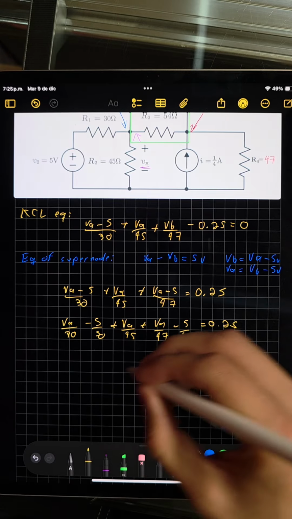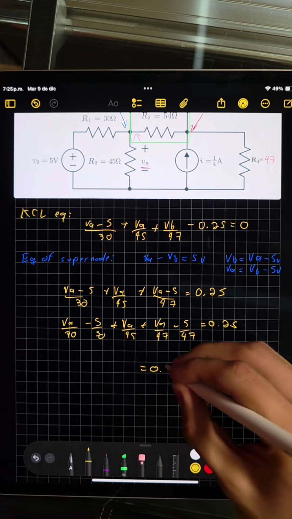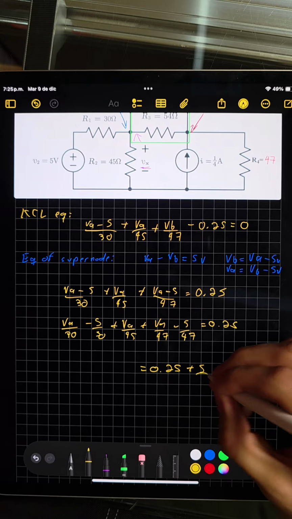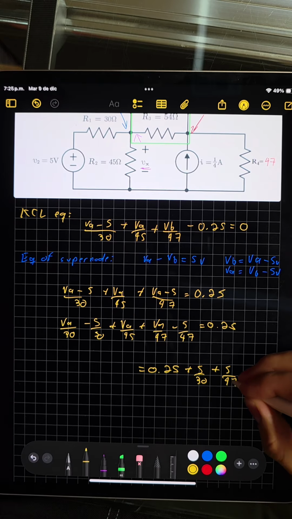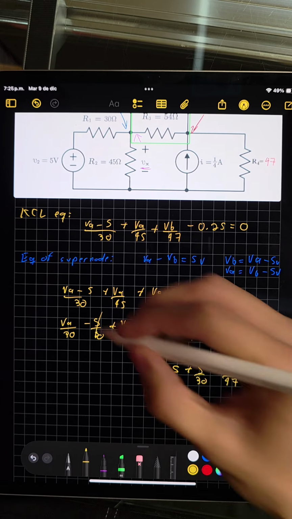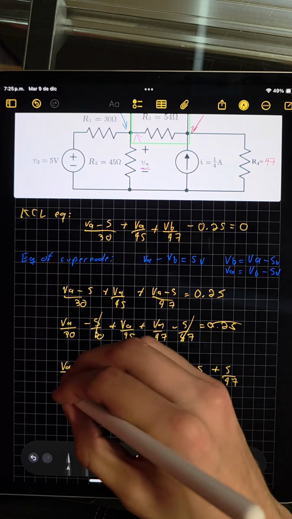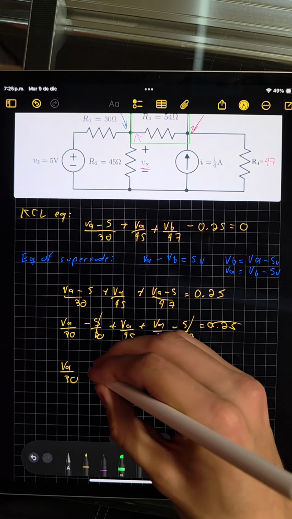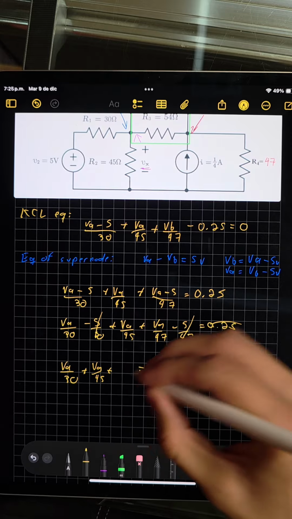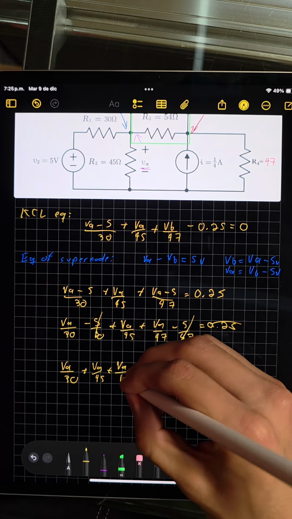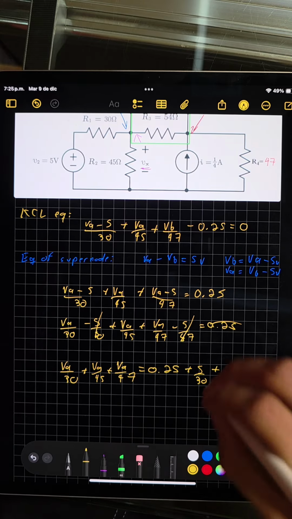We're going to continue with this. So we're going to have 0.25 plus 5 over 30 plus 5 over 47. We're going to label all the VAs on one side, VA over 30 plus VA over 45 plus VA over 47.